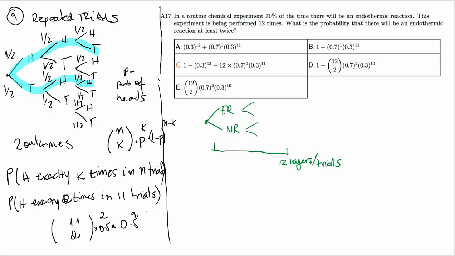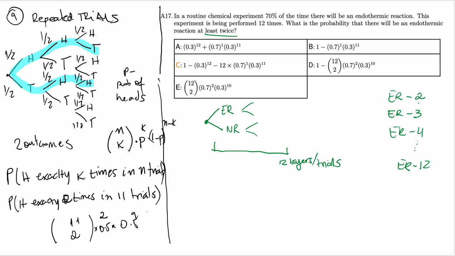Okay? So let's think about this. What does it mean to have a thing happening at least twice? It happens no less than twice, but might happen more. Yeah, exactly. So the endothermic reaction can happen exactly 2 times. It can happen 3 times, right? It can happen 4 times, and it can happen 12 times, right? So that's what you're talking about.